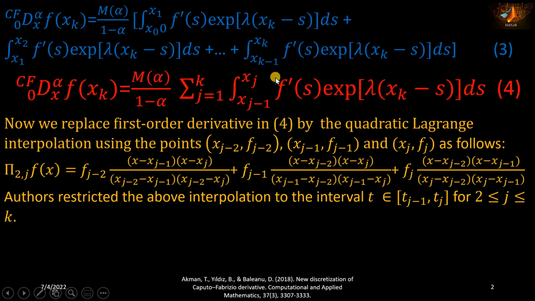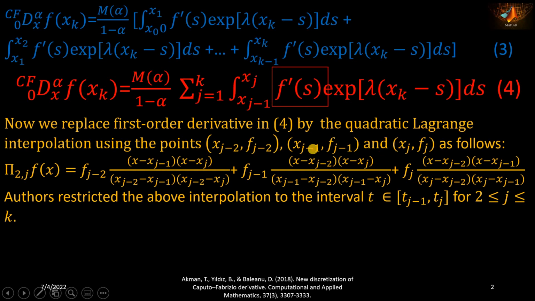Now I am going to replace the first order derivative that appears in equation 4. We can replace this first order derivative by a quadratic Lagrange interpolation using these 3 data points.